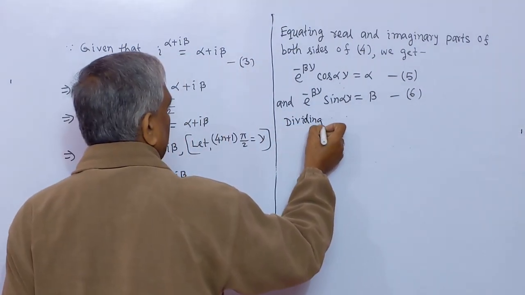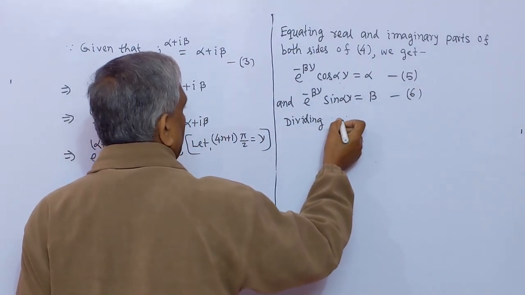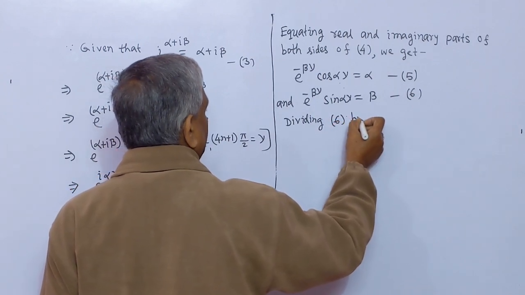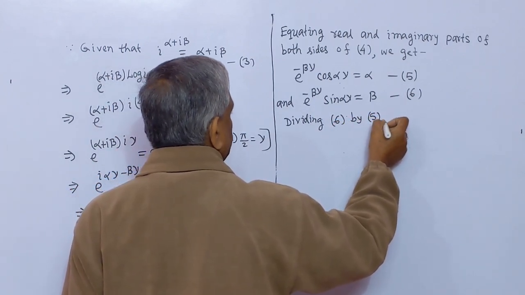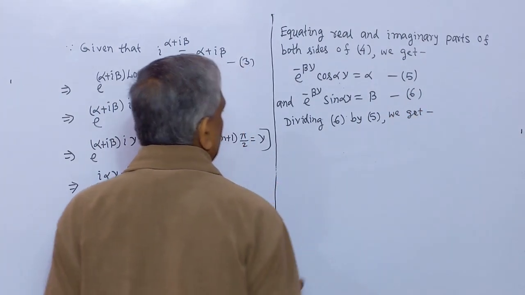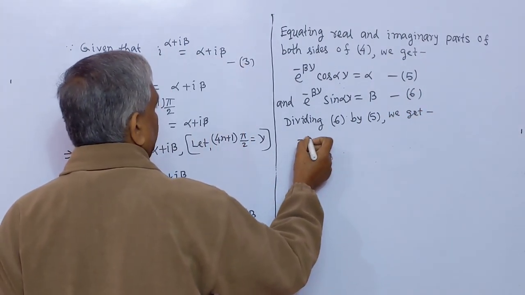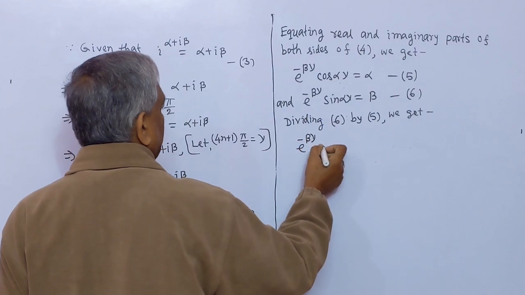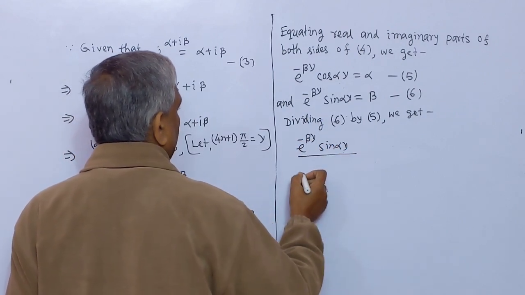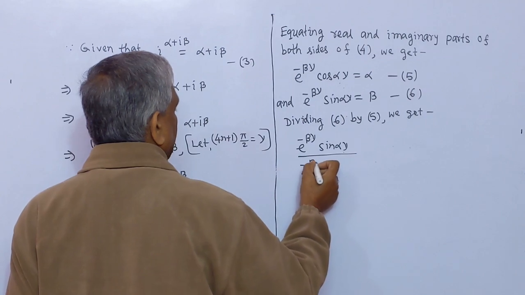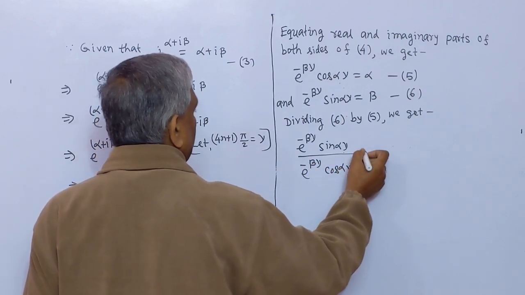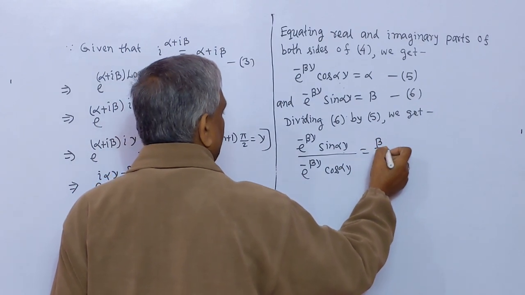Dividing 6 by 5, we get e^(−βγ) sin αγ / e^(−βγ) cos αγ = β/α.